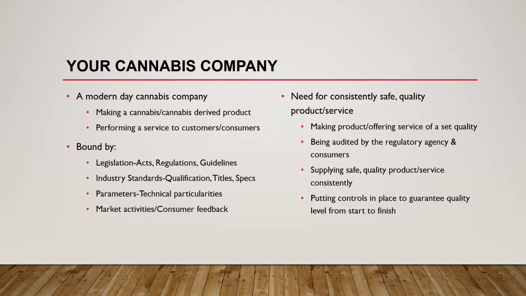There is a demand for consistently safe quality product and service. You'd be making product and offering service of a set quality. You're being audited by the regulatory agency and consumers alike. Supplying safe quality product service consistently. Again, I emphasize, putting controls in place to guarantee quality level from start to finish. So you're building quality into your process from seed to sale.